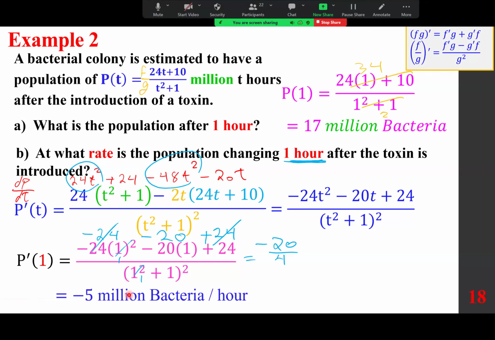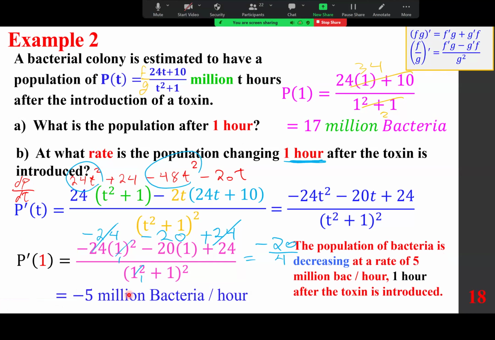So minus 5 million bacteria per hour means what? The population of bacteria is decreasing at a rate of 5 million bacteria per hour, 1 hour after the toxin is introduced. In other words, this negative sign is taken care of by this word decreasing. You don't repeat that here, because if you do, negative times negative makes it positive in essence.